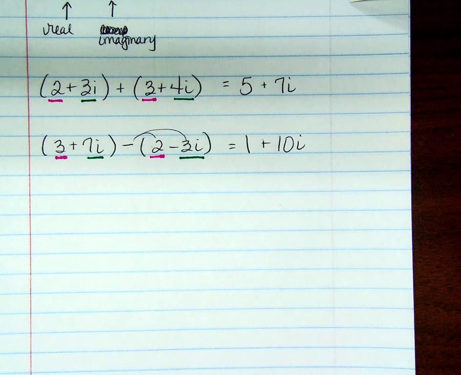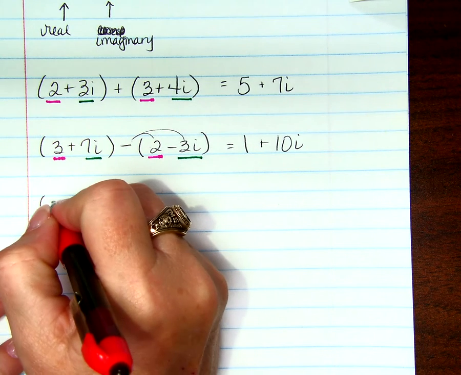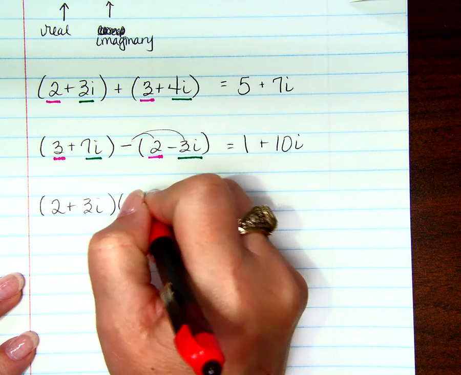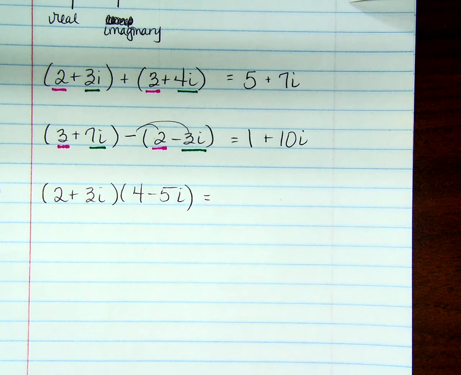Okay. Any questions? Okay, so what's left to do? No, not yet. Multiply. Okay, so if I'm multiplying, it'll look like 2 plus 3i times 4 minus 5i. And so at this point, somebody will say, wait, are we allowed to multiply real and imaginary?